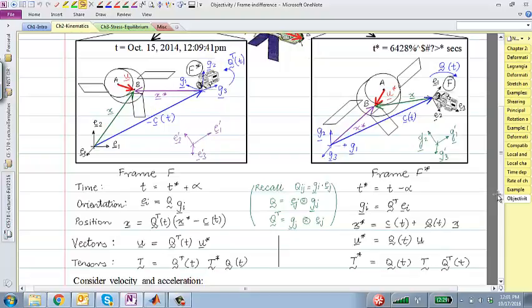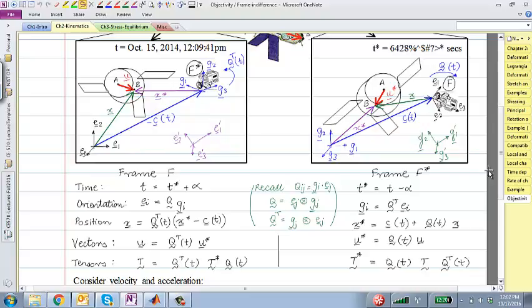So again, I'm not going into the details of this derivation of what objectivity means, but the idea really is that you have multiple different frames of reference observing the same process. If I'm looking at a vector quantity from these two different frames of reference, the condition for objectivity is given by this rotation, Q transpose for frame F and Q for frame F star.